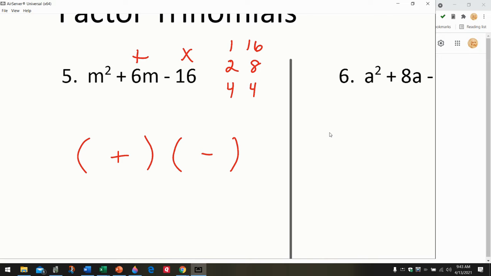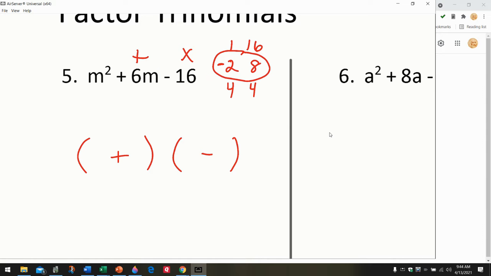Now, what dictates which number is negative is that we need them to add up to be +6. So looking over these pairs of numbers, knowing that they have to multiply to be negative, one number has to be negative. If I look at this 2 right here, if I make this a -2 and a +8, when I multiply those together, it gives me -16.